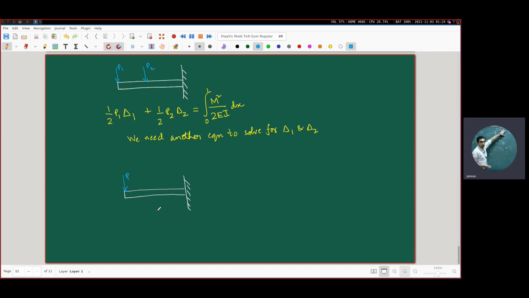Okay. Now it may seem to you that this is the end of the discussion, but actually no. We can still push forward and utilize another principle, like another version of the conservation of energy principle.